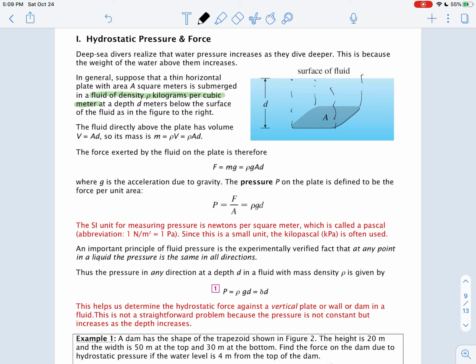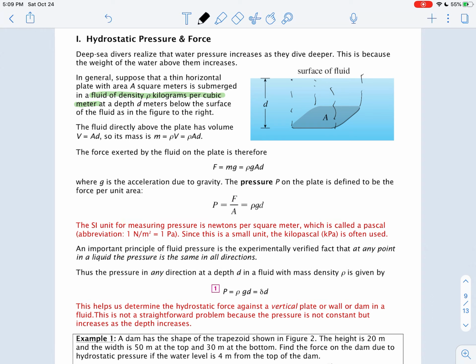That tells you how many kilograms are going to be on top of that plate at that particular depth. So you can see where pressure would be increasing the deeper you go, because the volume would be much higher. You'd have a lot more pounds on top of that plate if we were in the U.S. customary system.